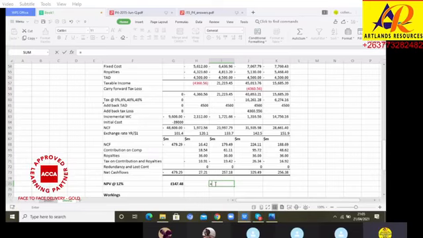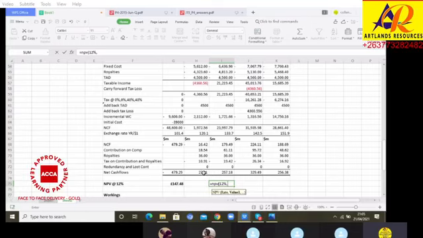Just say equals NPV, and then you open brackets. It tells you what to do: you put rate 12%. Here it is writing rate, it's populating it like this, but in the exam it doesn't show. You put the rate and put a comma, not a dot, a comma.